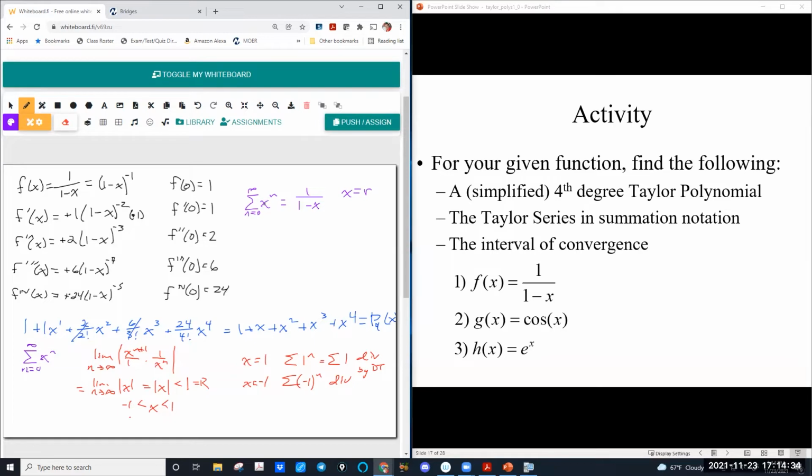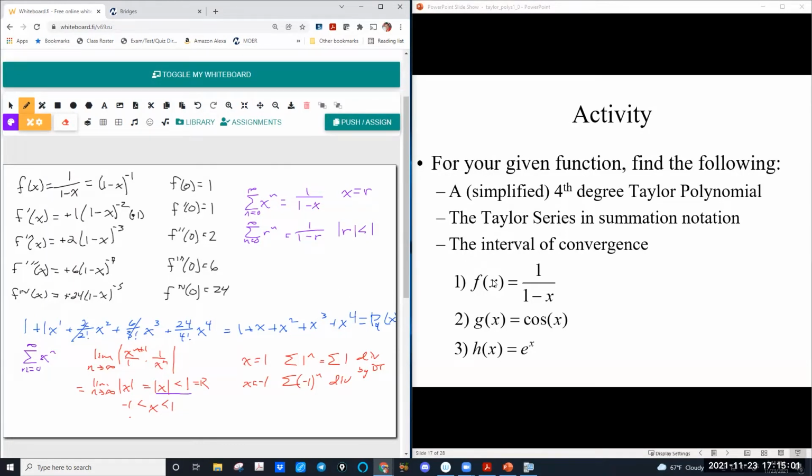So if we think of this as an exponential function, this is basically geometric. Remember, the sum of an infinite geometric series with a common ratio of r is equal to the first term over 1 minus the common ratio, if the absolute value of that common ratio is less than 1. Again, exactly what we found here.